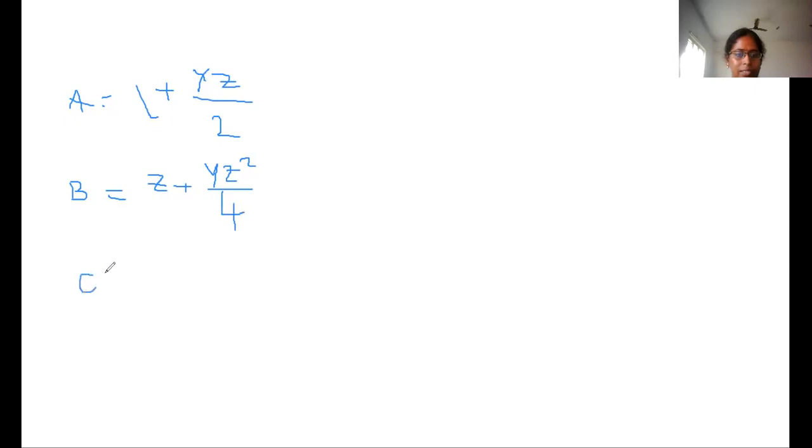Okay, and C value Y. So D value 1 plus YZ by 2. So the condition is AD minus BC value equal to 1.